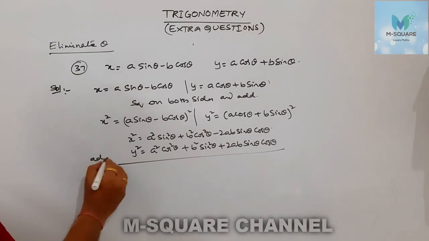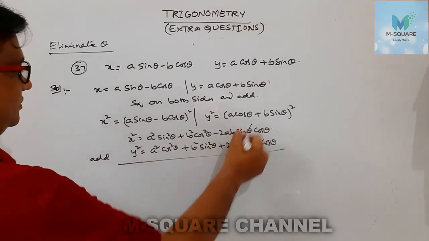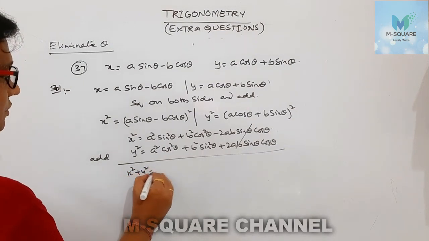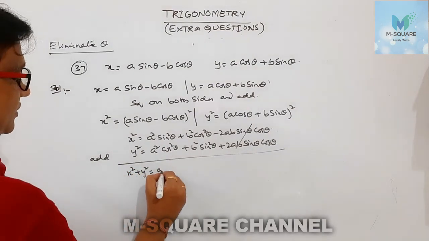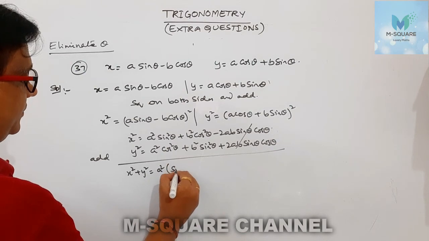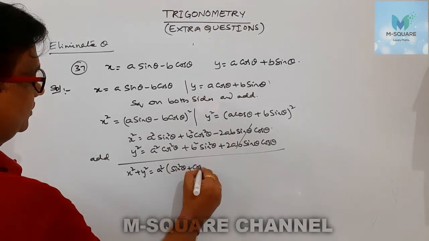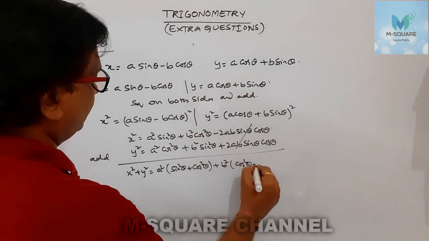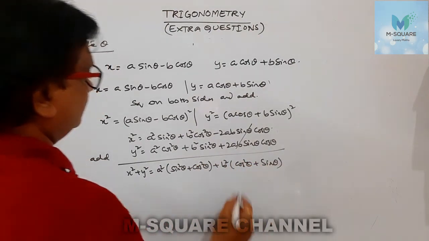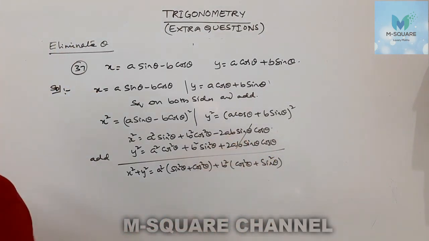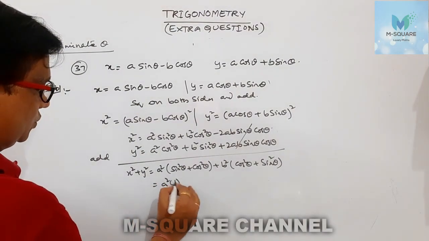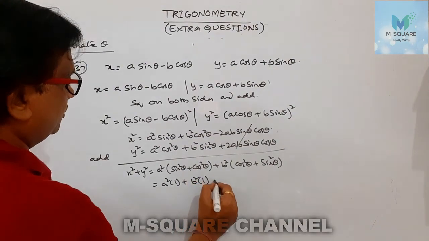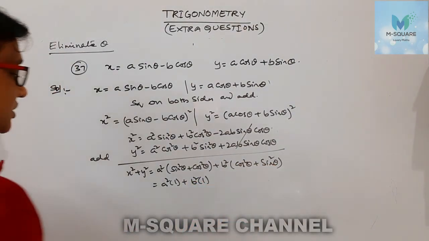Because we are adding, these two terms are cancelled. So x square plus y square equal to, a square common, sin square theta plus cos square theta, b square common, cos square theta plus sin square theta. So a square into 1, because sin square theta plus cos square theta is 1, and b square into 1.